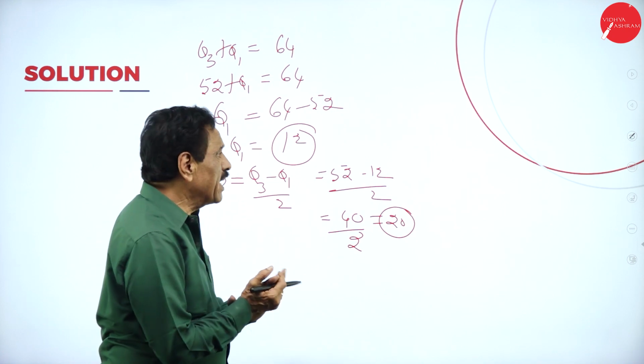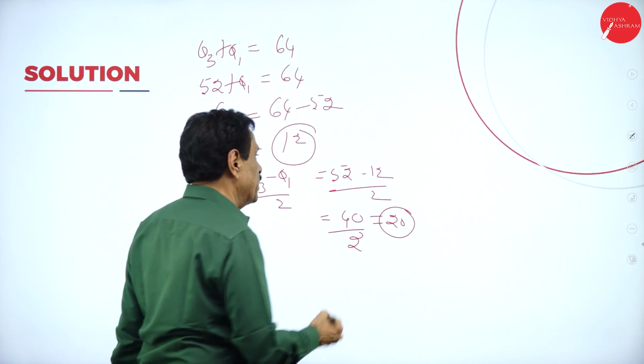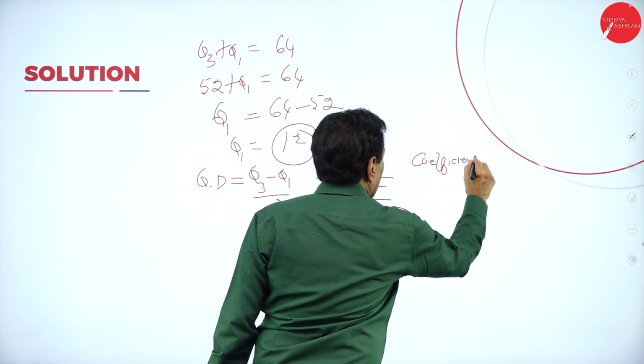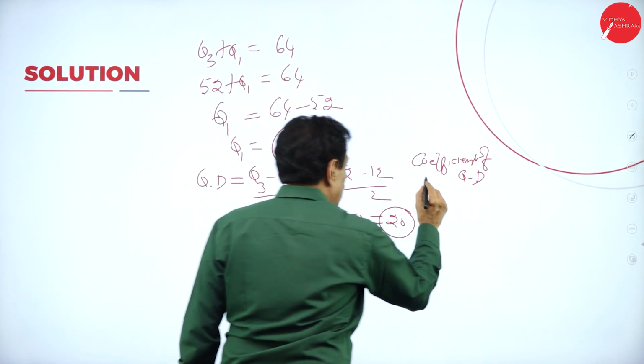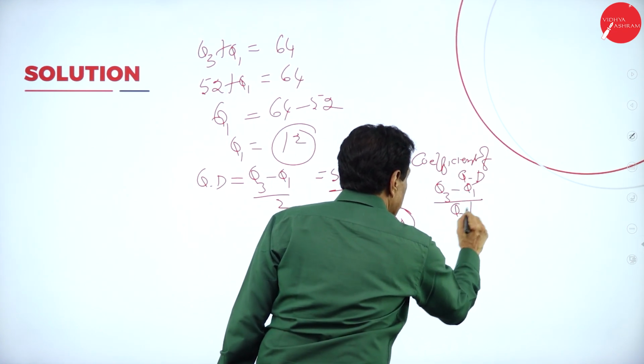By chance, in the exam, if they ask for the coefficient of quartile deviation, the formula is Q3 minus Q1 divided by Q3 plus Q1.